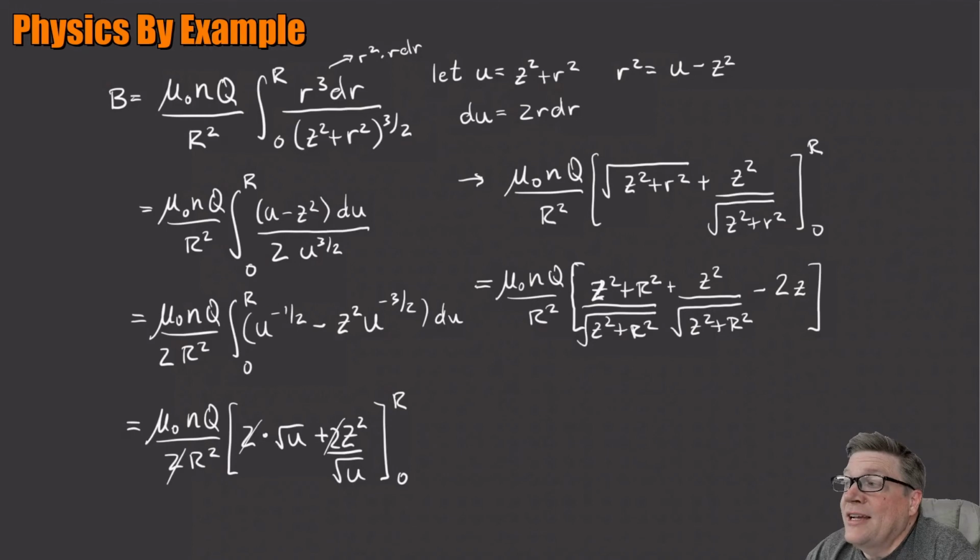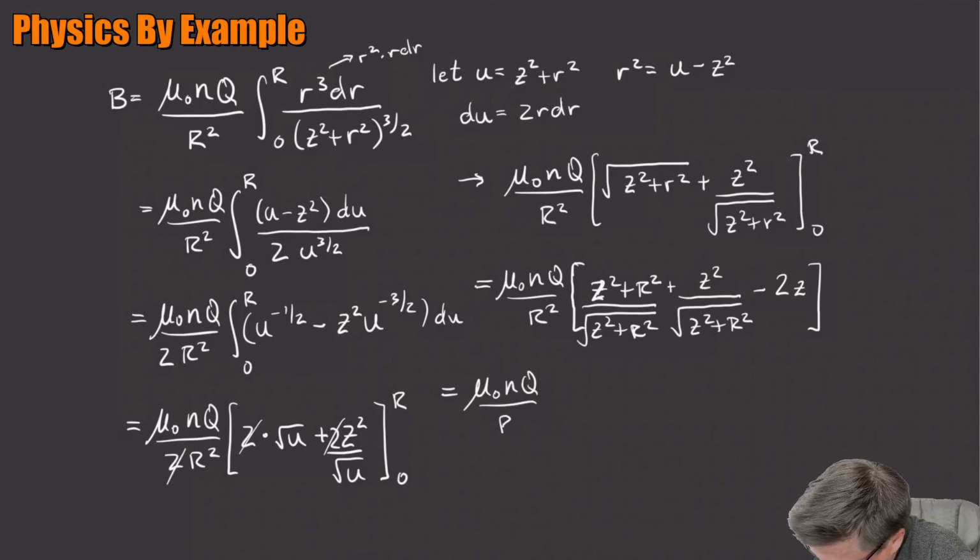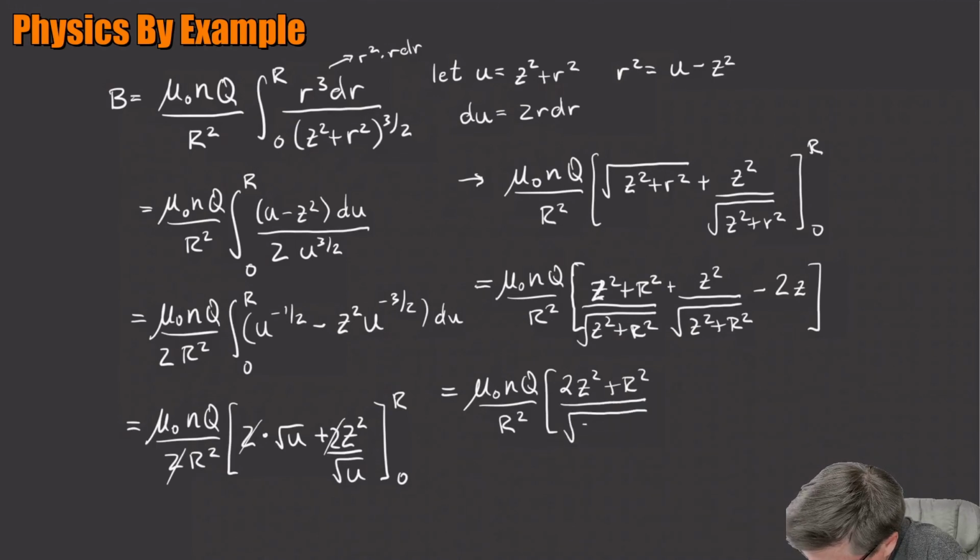And then those fractions I can combine together, and the z's combine together, and you get this, mu naught nq over r squared. It looks like I have 2z squared plus r squared, oops, get my 2's and z's mixed up. 2z squared plus r squared over z squared plus r squared minus 2z.